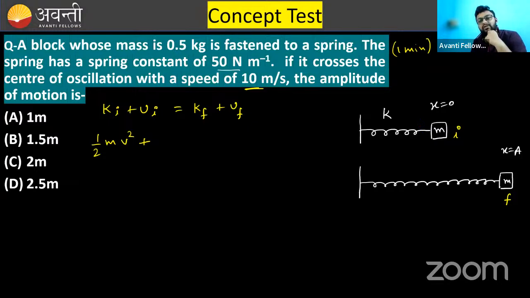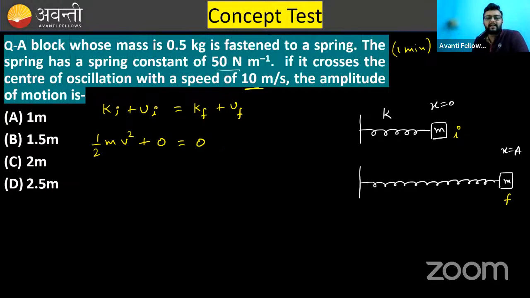How is the potential energy 0? Because extension in the spring is 0. Elongation or compression, whatever you say, the change in the length of the spring is 0. That means potential energy is 0. Finally, at the maximum position, kinetic energy is 0 because it will have no velocity. Answer is A.